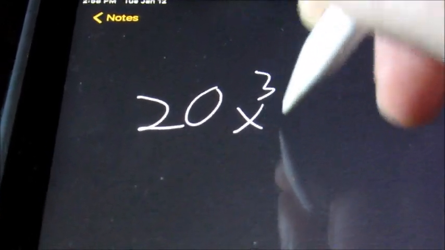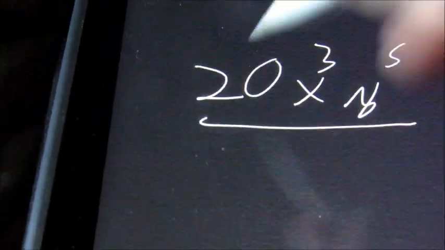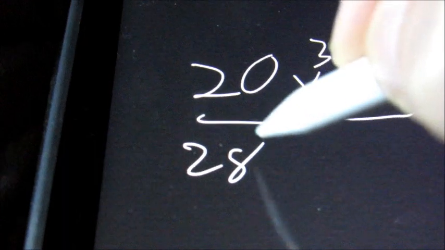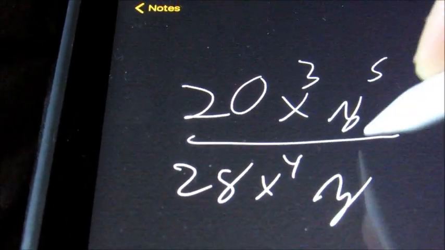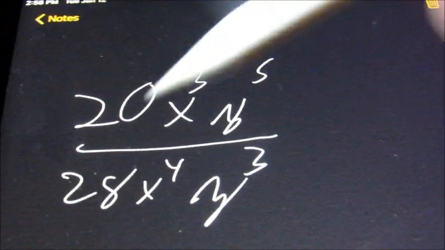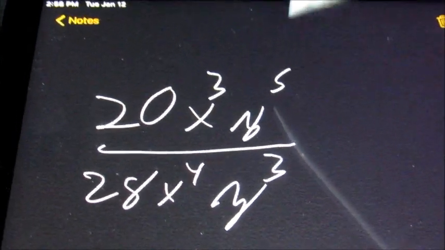So another one that's like this, one more. Let's say that we have, I'm going to use the same numbers, 20x to the 3, y to the 5, and 28x to the 4, y to the 3. So this time, everything's the same except for this y to the 5.